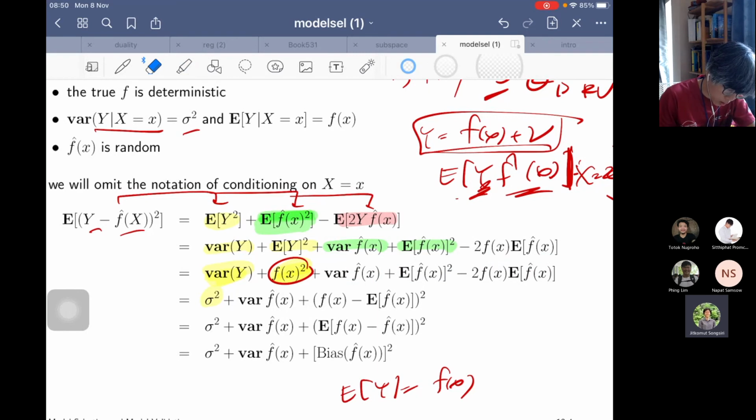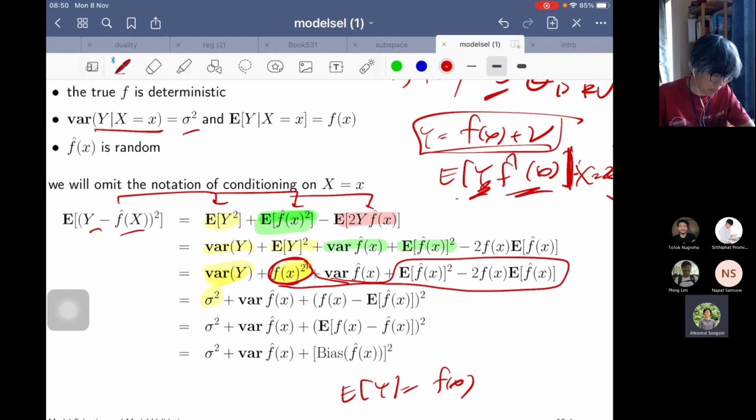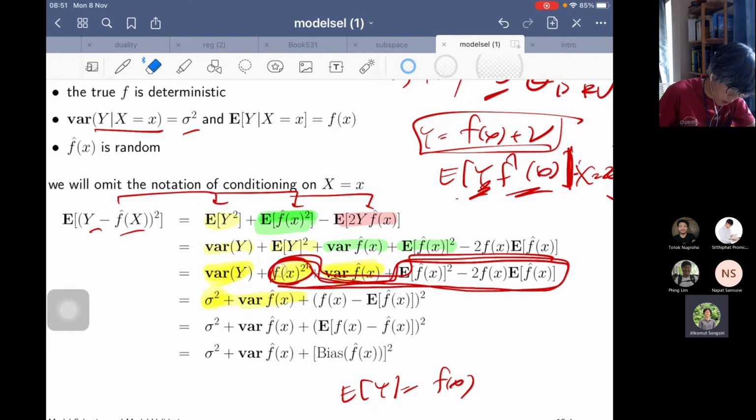Take a look at these terms, and of course, we take a look at these together. Okay. All right, everyone just follow. The variance of y and the variance of f hat is this yellow term, but the term in the red box that I just highlighted is what?